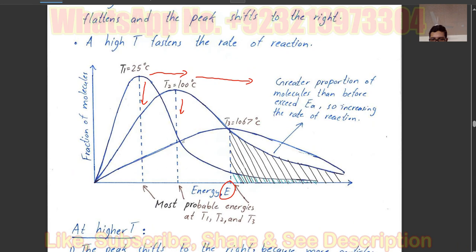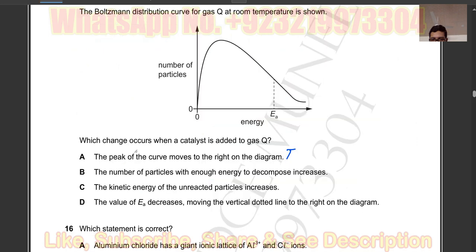Basically, when temperature is increased, there are more number of molecules present which have energy equivalent or greater than the activation energy. So, at high temperature, the molecules have more kinetic energy, not in the presence of a catalyst. So, the option C also becomes incorrect because it is because of applying the temperature.